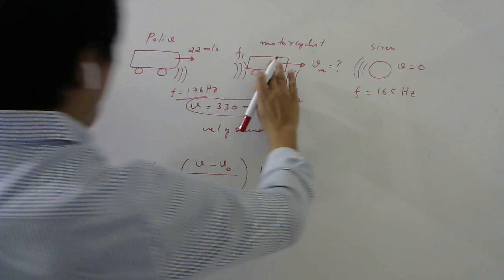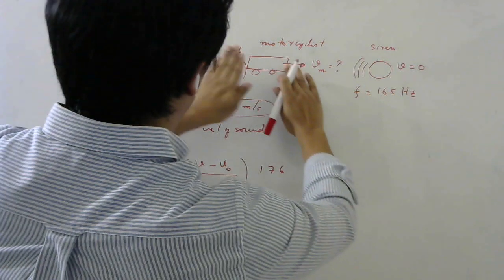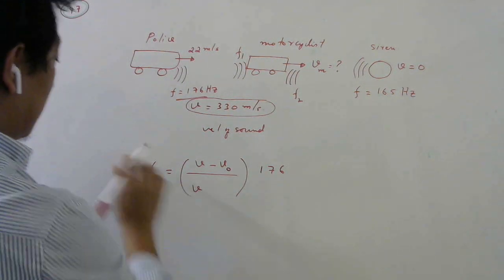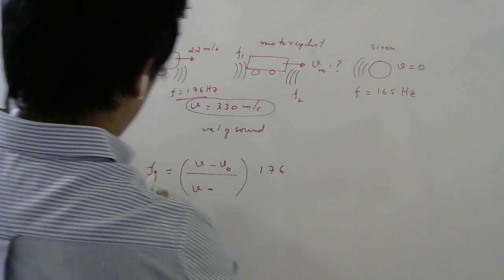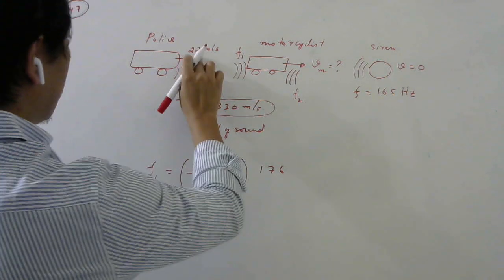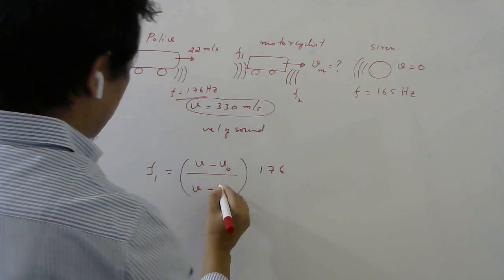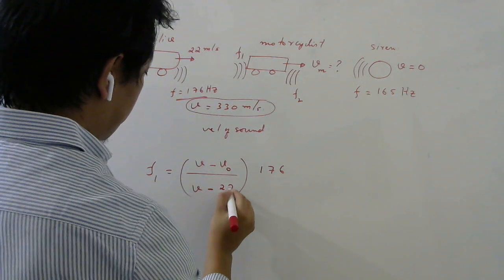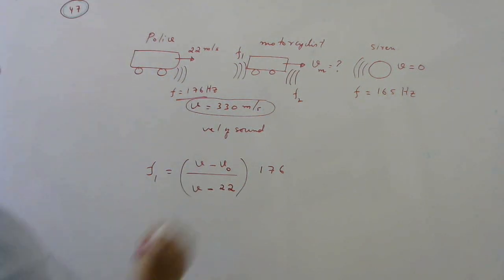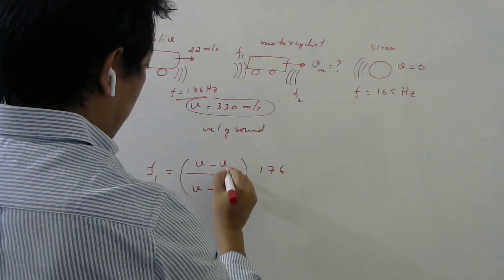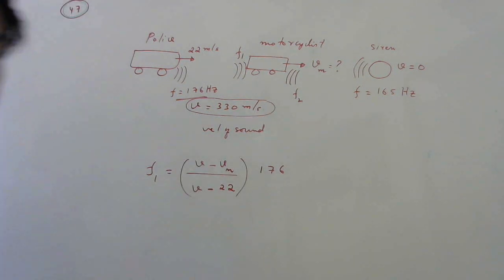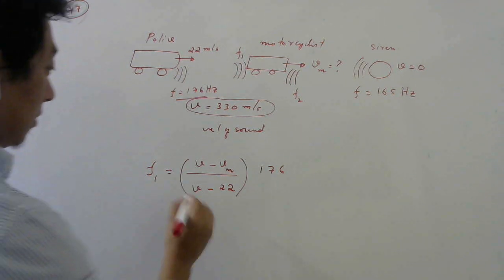And this is the source, which is approaching, so frequency should increase. So in the denominator I should write minus, because the denominator should be less if the frequency has to increase because of the velocity of the source. So minus 22. And the velocity of the observer is Vm, which we are supposed to find. So this will give you f1.